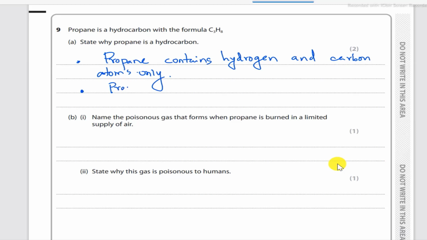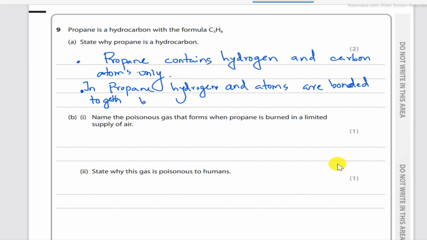In propane, hydrogen and carbon are bonded together by covalent bond.